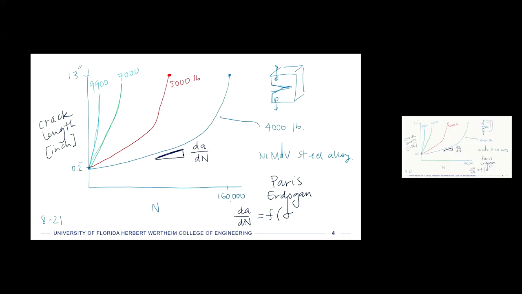The more the crack length grows, that may also contribute to this slope, so we'll put the crack length A in there as well. And then we'll put some geometric factors in there. We'll just call it C. The book calls these higher order factors.